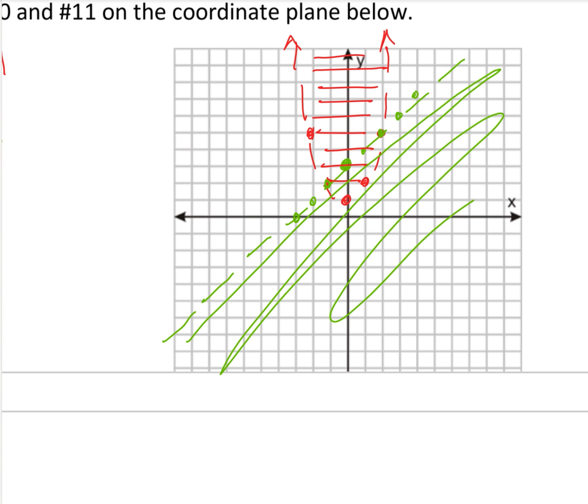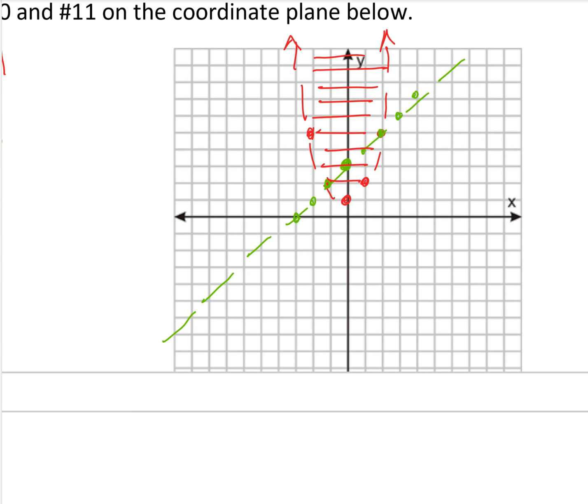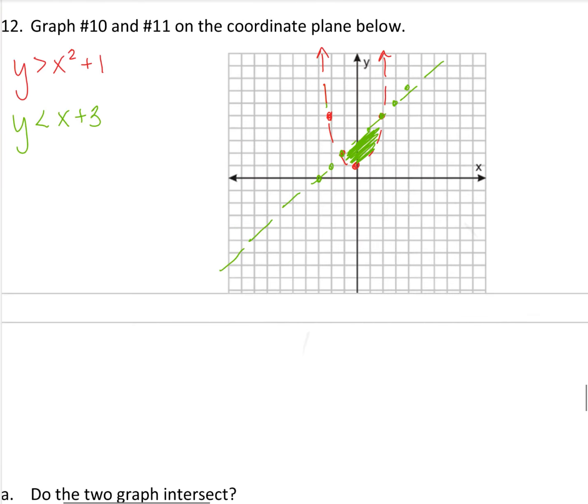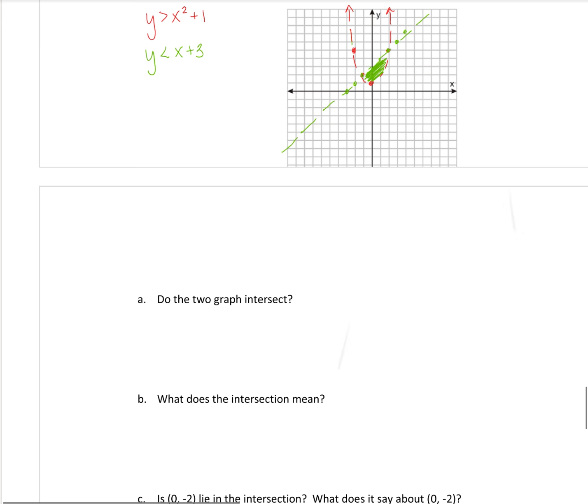Well, they only intersect in one tiny little piece. Sorry guys, I didn't mean to erase all of that. They're going to intersect in this little piece down here, right here. So remember, darken it in, and that's your solution.